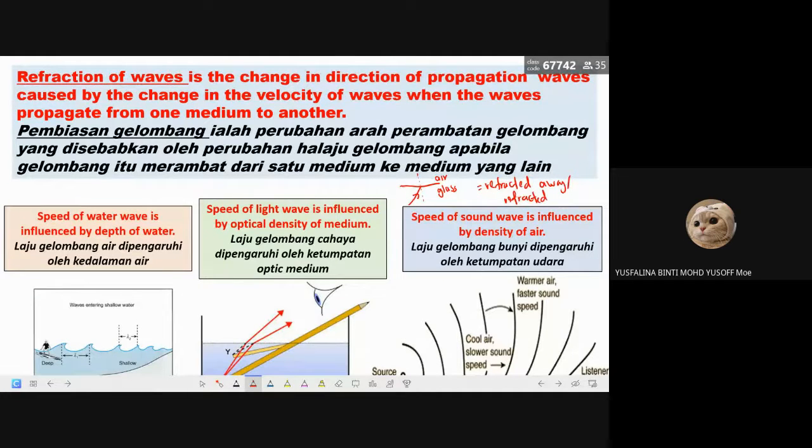Toward the normal line. So, glass and air. Which one? Whether it's refracted away or refracted towards the normal, which direction will it go?